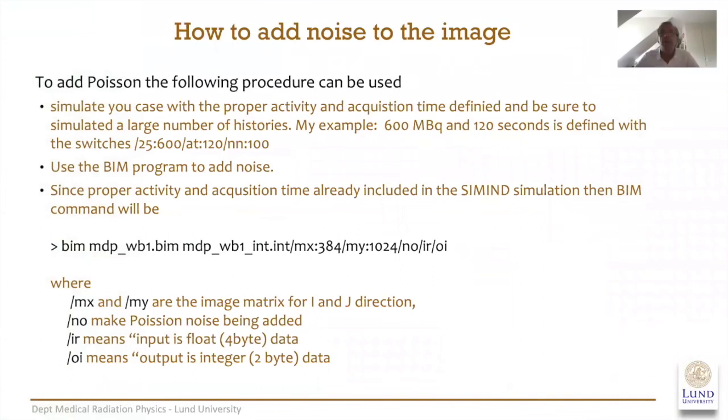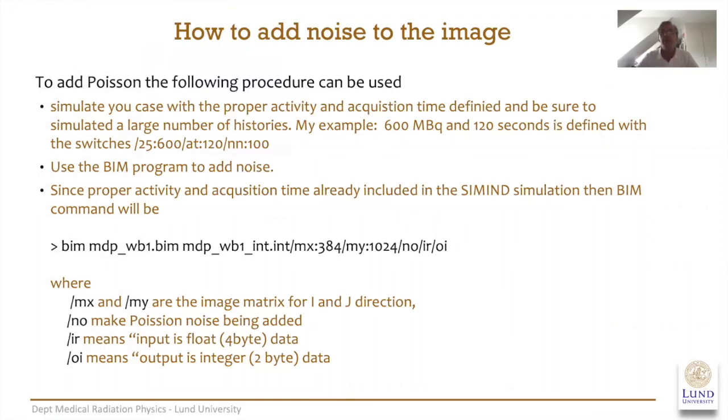Finally, I would like to show you how you add noise to the images, because these are what you would call probabilities. It doesn't follow the ordinary Poisson distributed noise that you find in your real measurements.